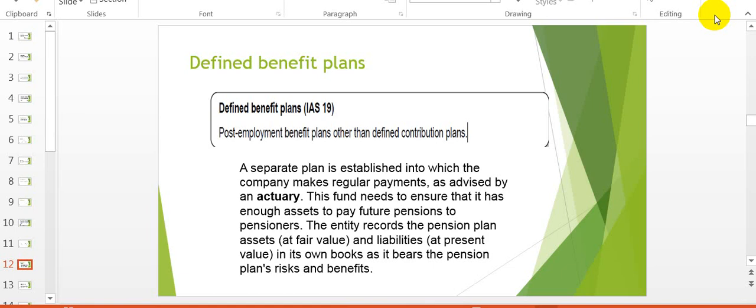What happens in this plan is that the sponsoring entity will engage the services of an actuary.